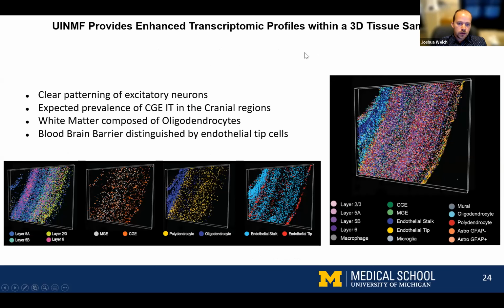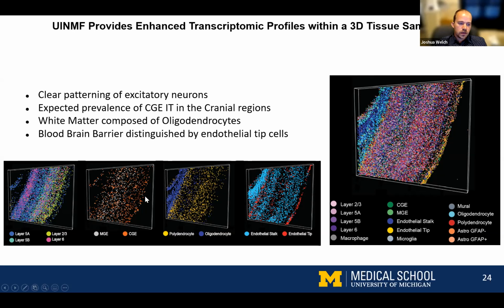If we look at the StarMap data, we can confirm that the spatial positions of the cell type assignments are also very reasonable and consistent with what we would expect. We can see the excitatory neurons arranged in the cortical layers.